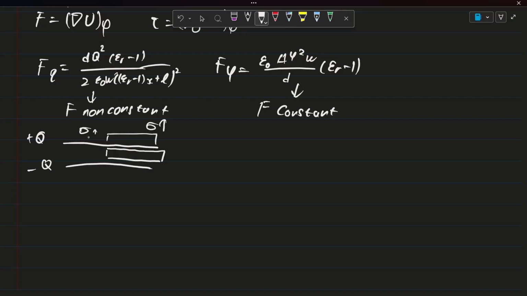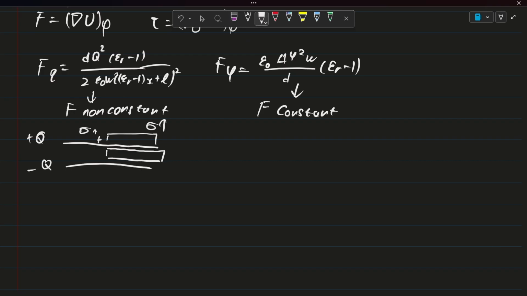But this doesn't mean that the sigma will be negative, because if it's negative, the electric field will flip, and therefore the boundary condition within this small place here is not going to be fulfilled. So therefore, we know that this other side here has to be a positive value as well.